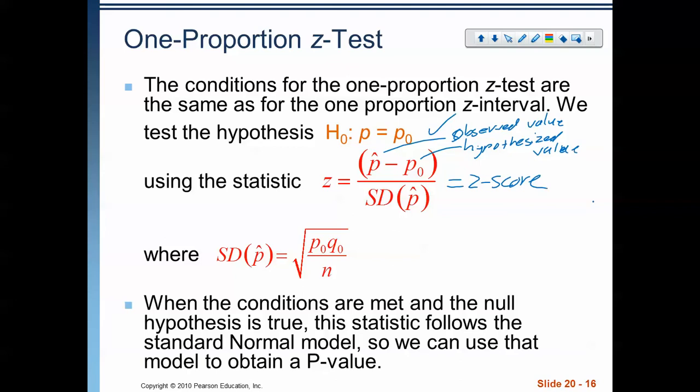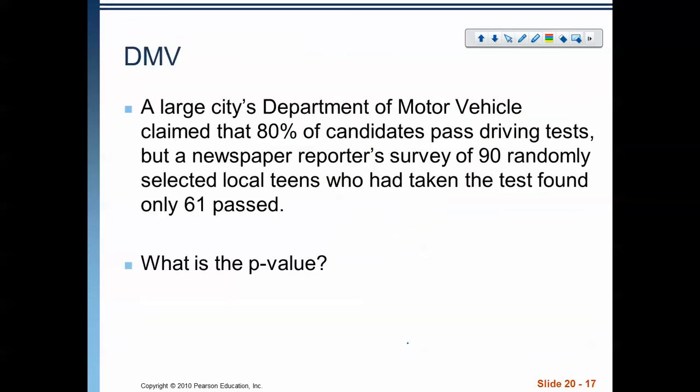And then we're using the standard deviation of that observed value, which is down here. And again, notice that this is p sub 0, q sub 0. It is the same thing as our hypothesized value. So we find this z-score. Once we find the z-score, we plug it into our normal CDF command, and that will tell us what the p-value is.